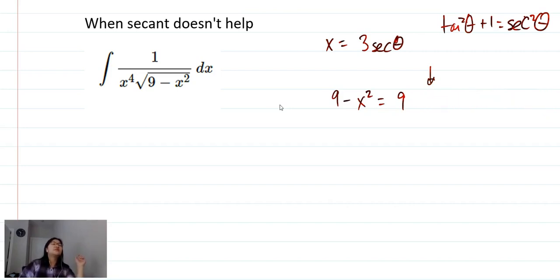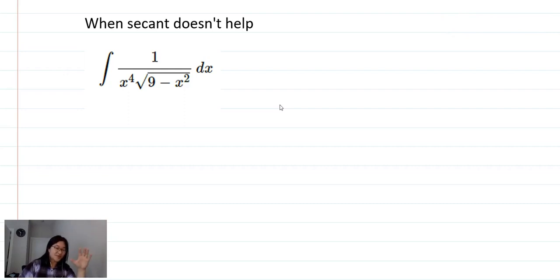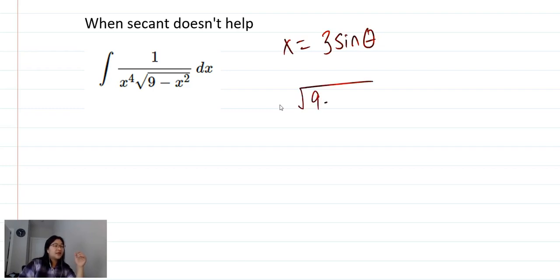But what if we use something else? What if we used sine of theta instead? And where's that coming from? Well, the pattern will be illuminated a little in the future. So if we have this 9 minus x squared, let's suppose that 3 sine theta is equal to x. Then inside our radical we have 9 minus x squared, which is going to be 9 minus 9 sine squared theta.